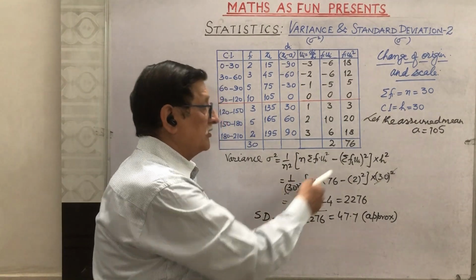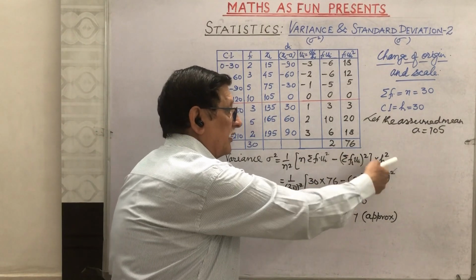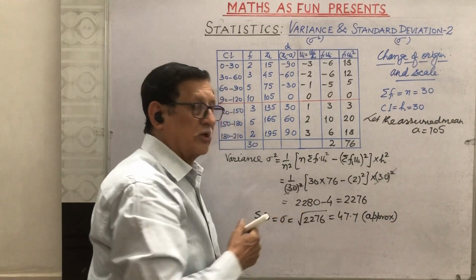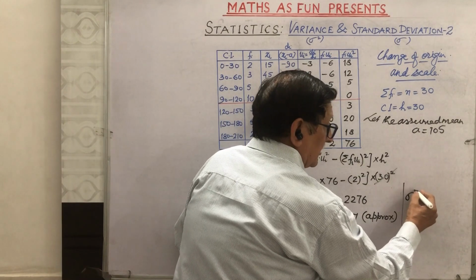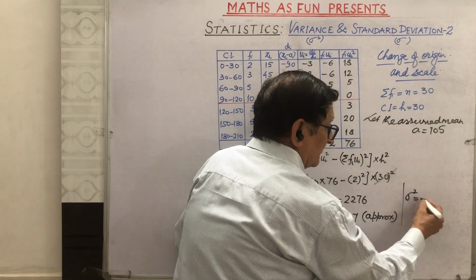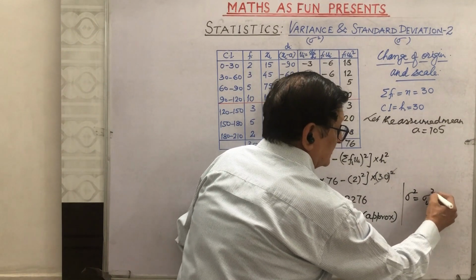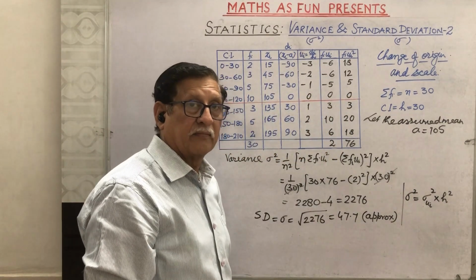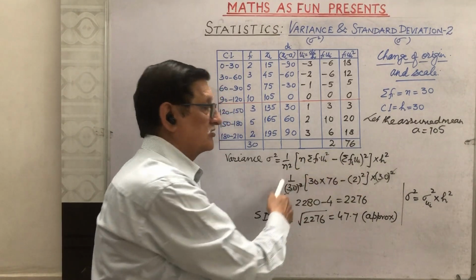But we have to remember that h square is to be multiplied here. If we are not multiplying this, the value will come as 1 upon h square. And that is why we say that sigma square, that is variance, is equal to sigma ui square into h square. Only this value can be called as sigma ui square.